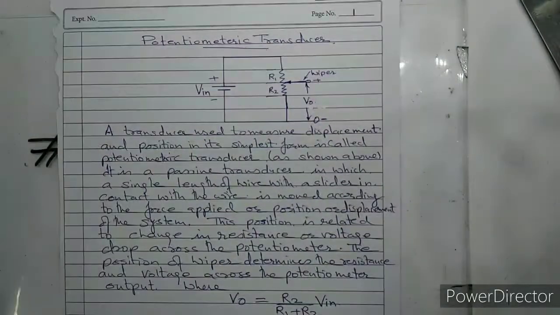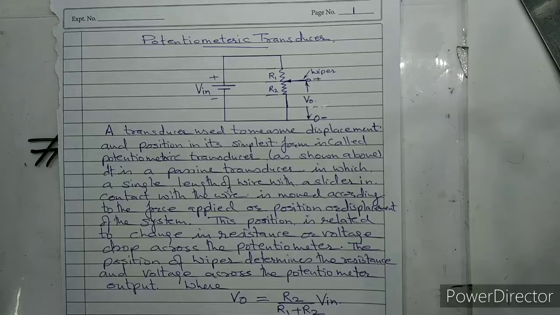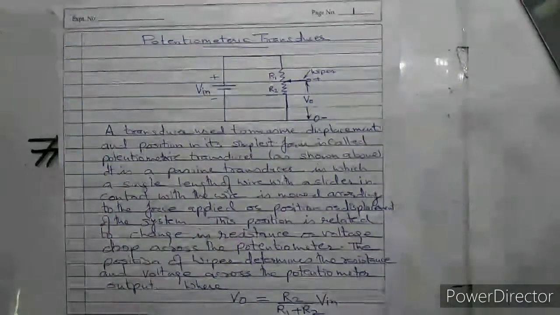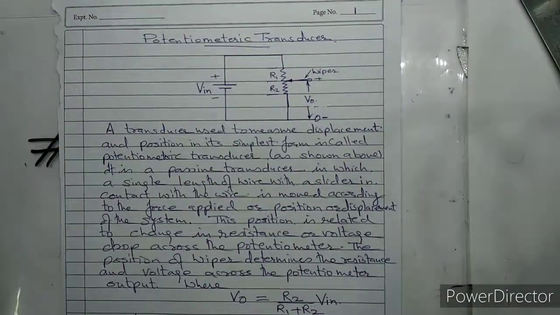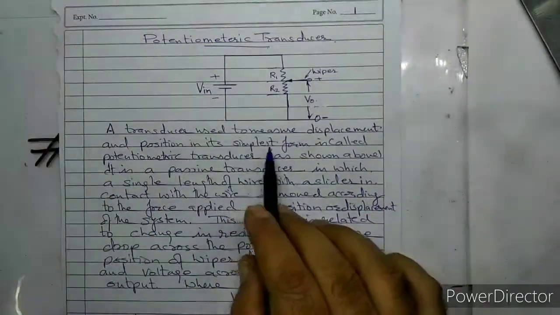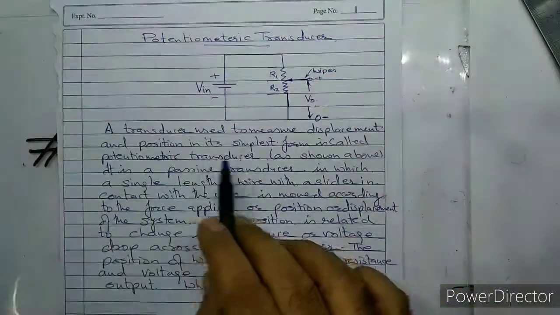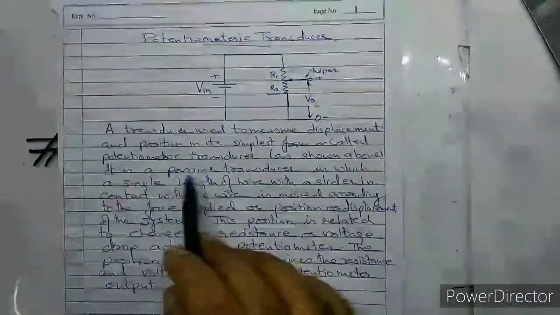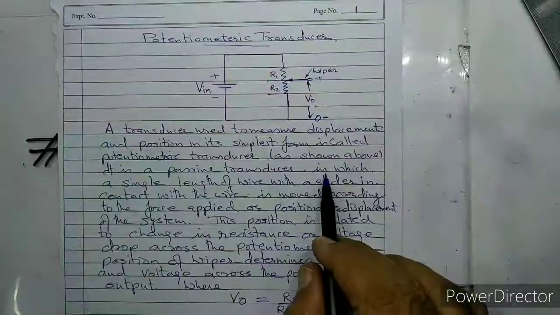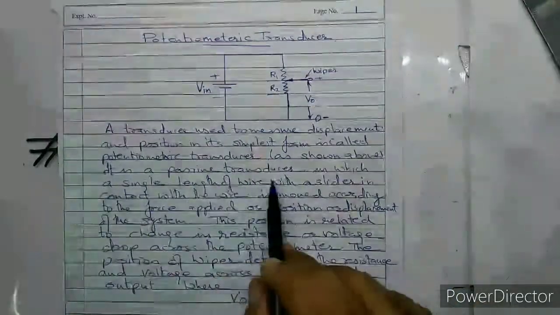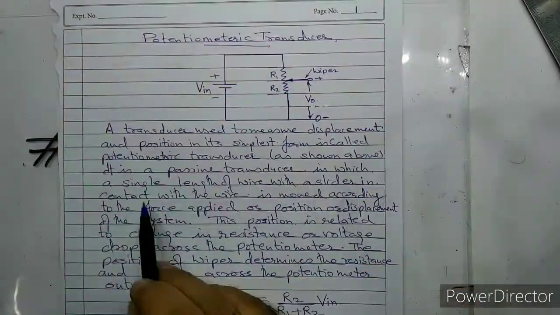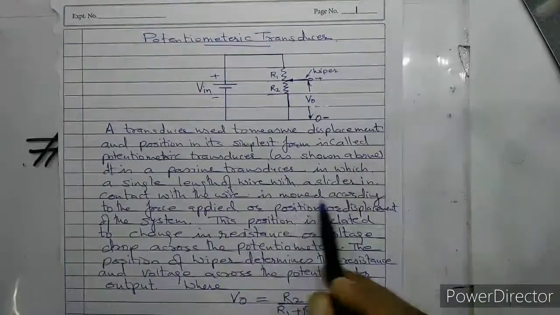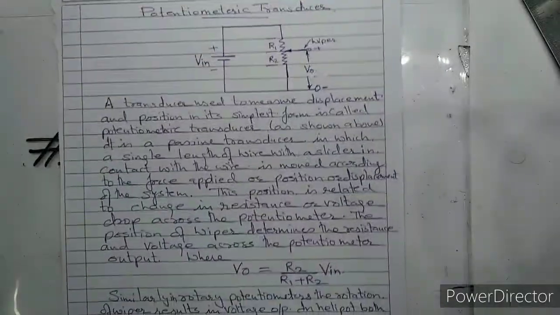First of all, the transducer is a potentiometric transducer. A transducer used to measure displacement and position in its simplest form is called a potentiometric transducer. It is a passive transducer in which a single length of wire with a slider in contact with the wire is moved according to the system.